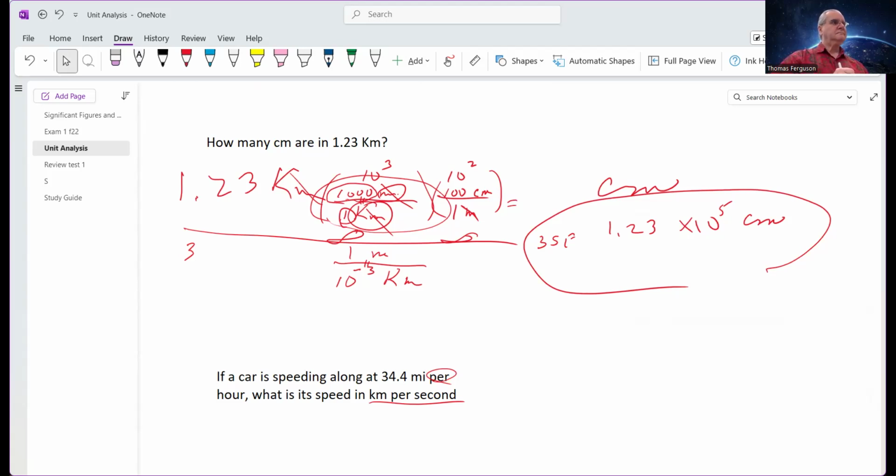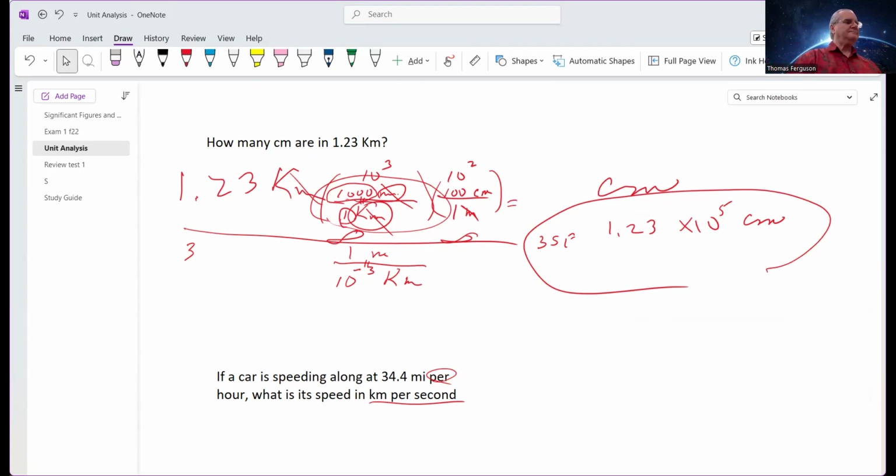Would you dock us if we used the conversions at the top and we went from kilometers to meters to feet to inches to centimeters? I know it's a longer process, but if they're already given... Yeah, you can do that.